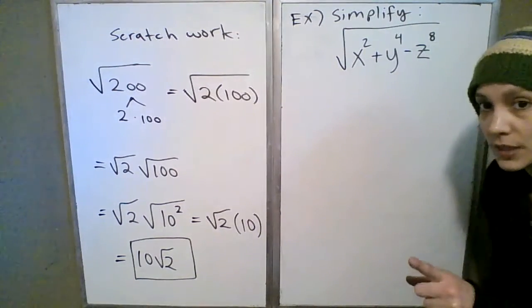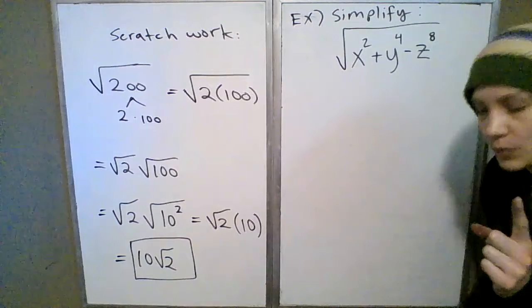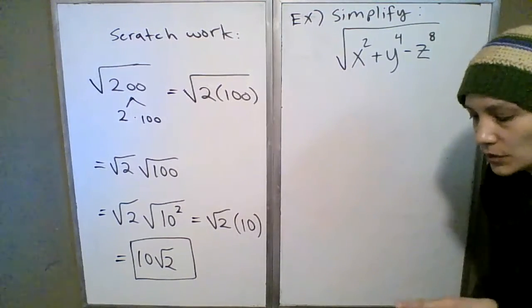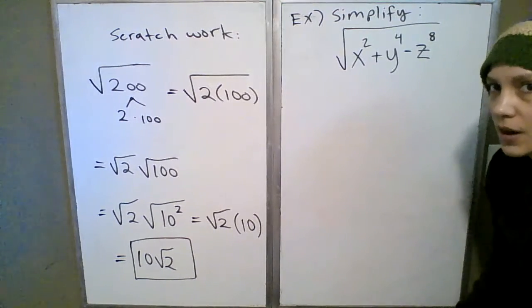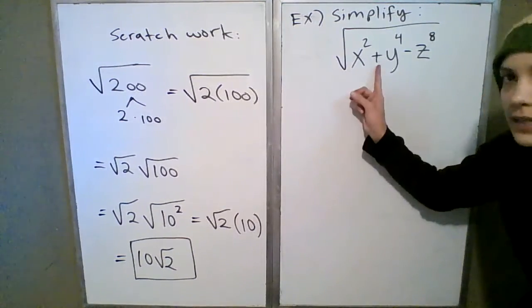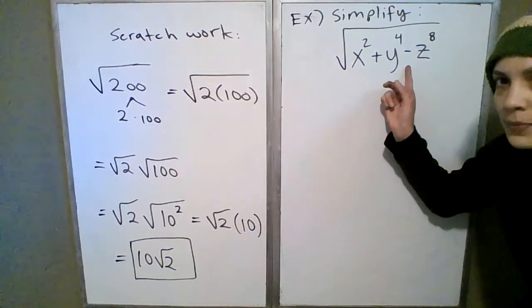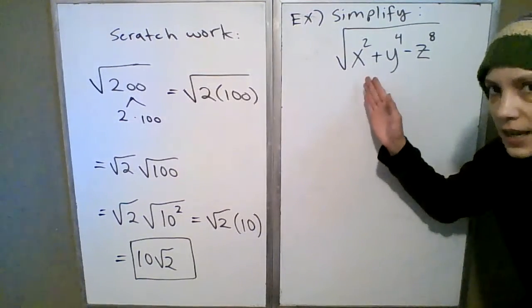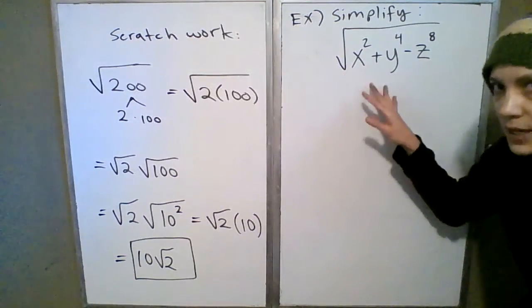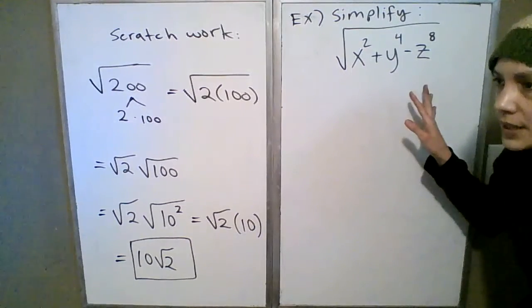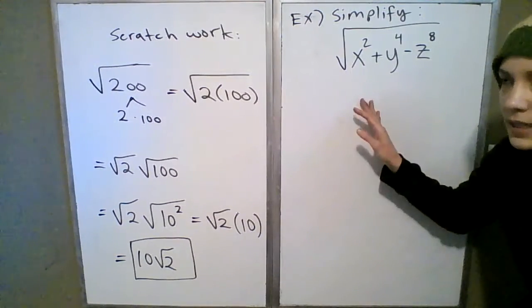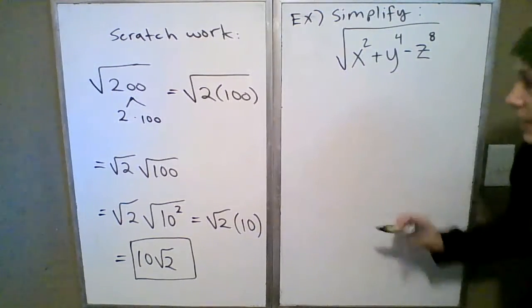So the rules earlier for the radicals was when you are multiplying radicals or dividing radicals. There aren't any rules for adding and subtracting under the radical. So this does not simplify into x plus y squared minus z to the 4th. It doesn't simplify at all. It's fully simplified already.